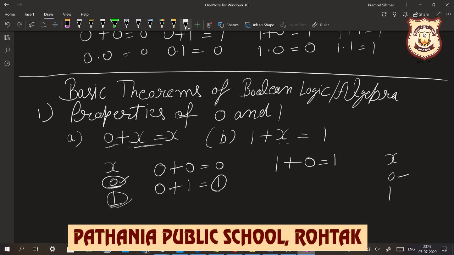And if you write down 1 plus x where x is 1, then also our answer is 1. So always 1 plus x is equal to 1. If you add the 0, then your answer is 1. If you add the 1, your answer is always 1. So this is the property of 0 and 1. 0 plus x always x, and 1 plus x always 1.